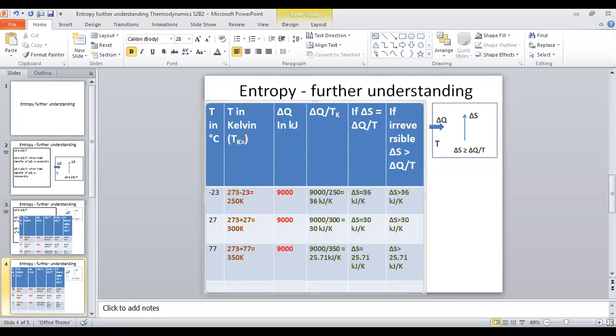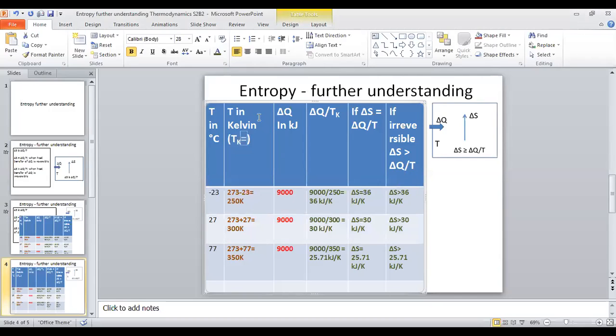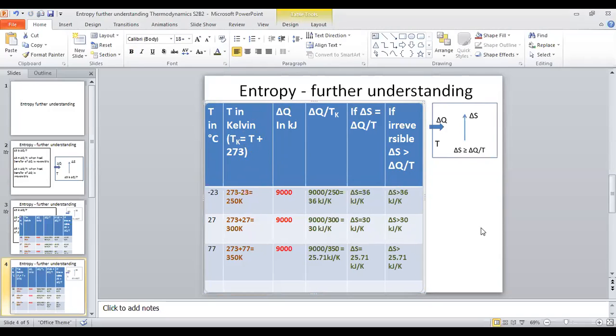Let me complete this because I can share this. Tk is T plus 273. Decimals, but anyway, 273 for the moment.